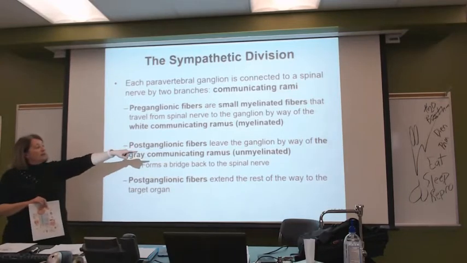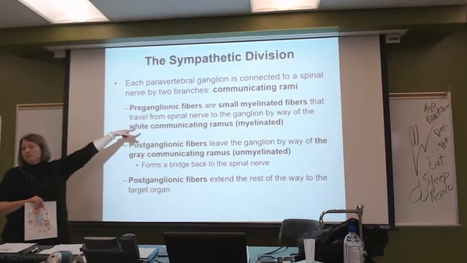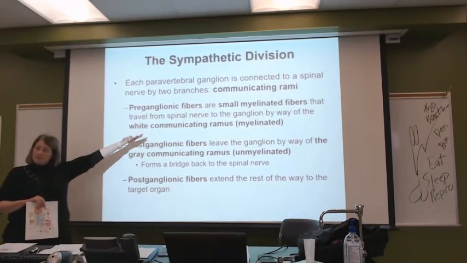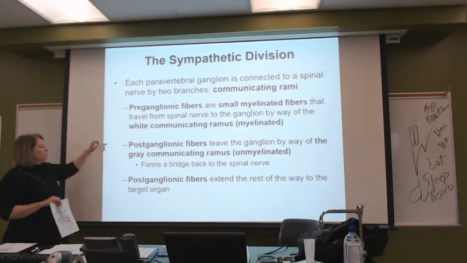Because it's myelinated, it's turned white, because the fatty tissue has a white appearance.